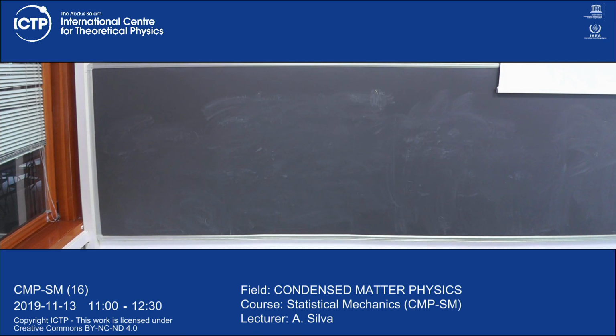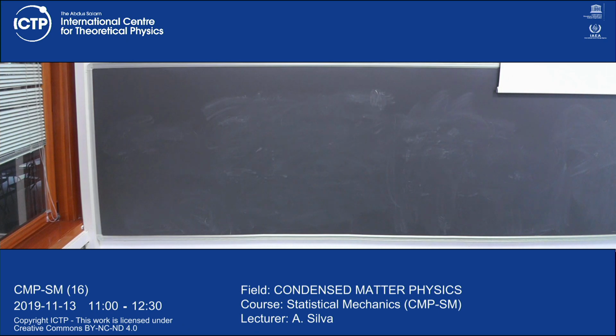Look at this: e to the minus i E_n t, c_n, |n>, and then <m|. Now it's correct. Right? You agree? Okay, great. So this is my equation of motion.